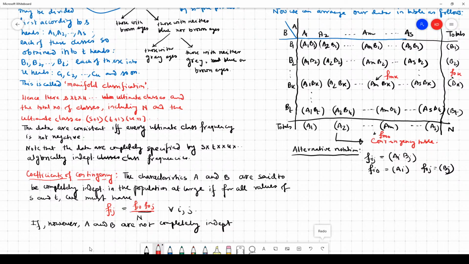Okay, so completely independent, and this means, if you represent this in formal notation, so this should be Ai, sorry, Ai Bj, this is Fij, and which is equal to Ai Bj naught.